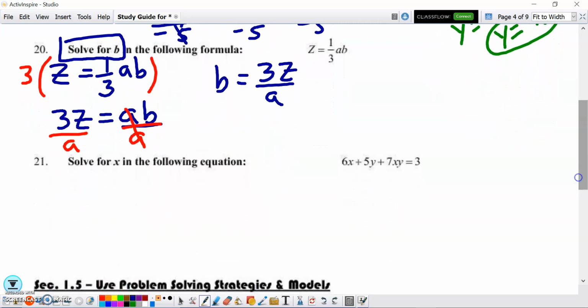Okay, one more. Solve for x in the following equation. So we notice that there are two terms with an x in it, and then this term right here does not have an x in it. All right, so I'm going to rewrite this quick over here.